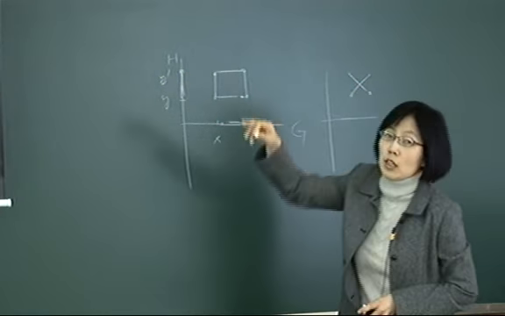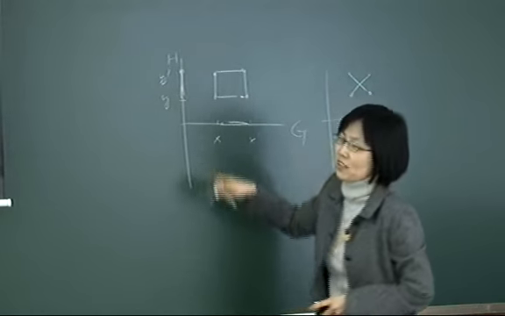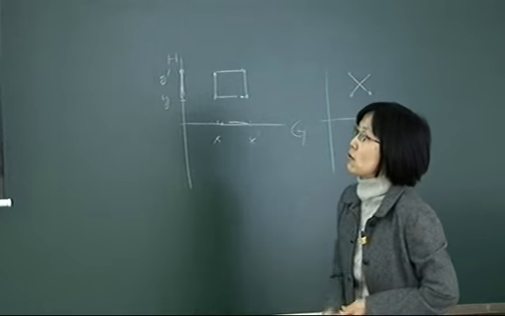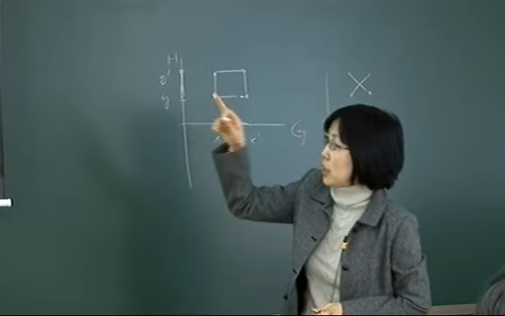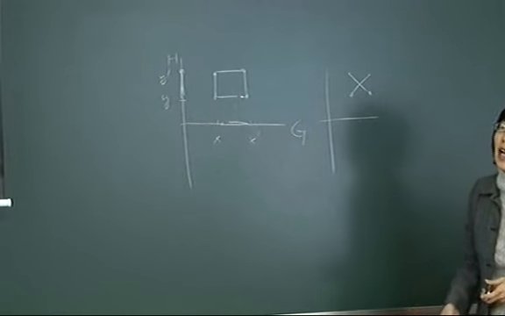Oh, I'm sorry. The Cartesian product looks like this, and the direct product looks like this. So actually, they got those names from the shapes in these pictures.